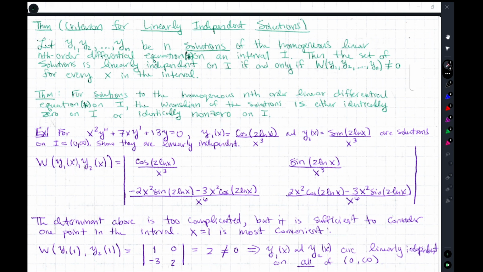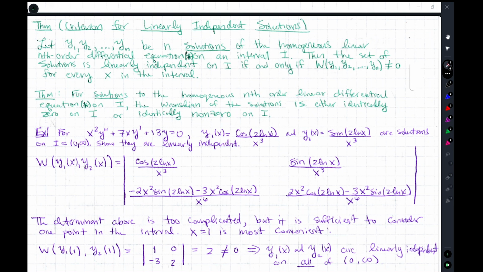And n is a special integer because we're looking at the nth order differential equation. So we have n solutions to the homogeneous nth order linear differential equation on an interval I. So this is the homogeneous equation that we have above.